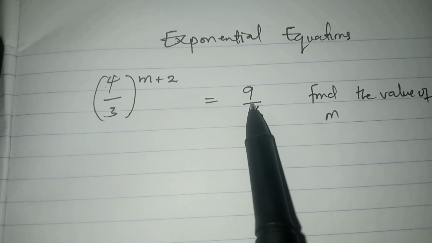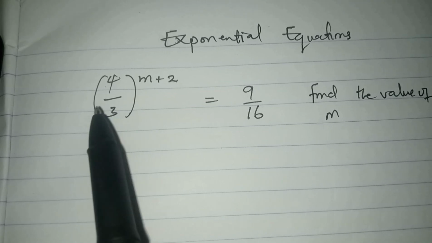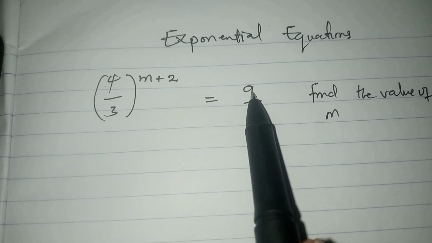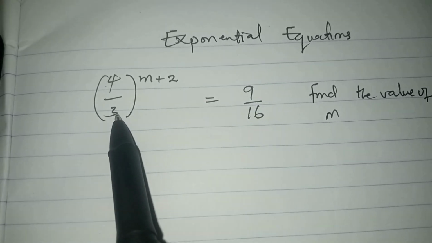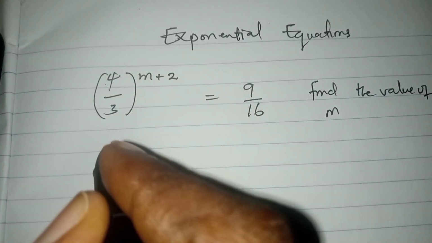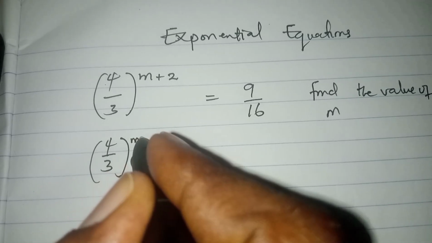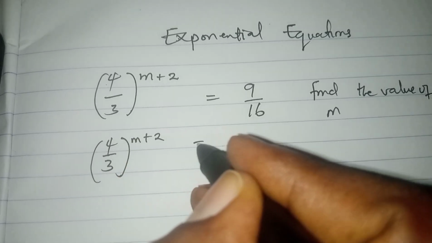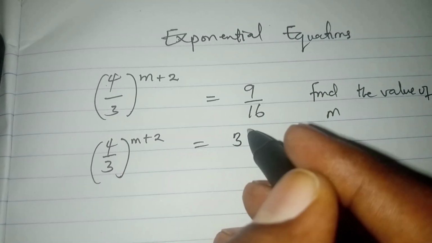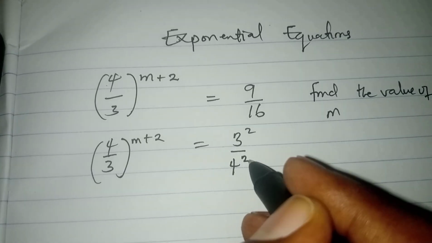If you express this in terms of its factors, we can express 9 in terms of 3, and we can express 16 in terms of 4. Now let's see what I mean. So we have (4/3) raised to the power m plus 2 equals 9 is 3 squared over 16 is 4 squared.